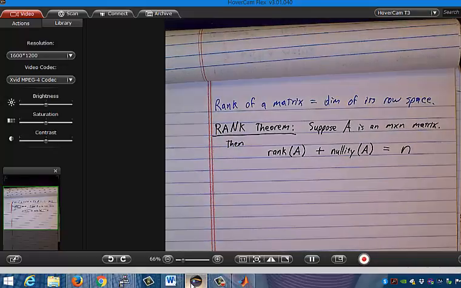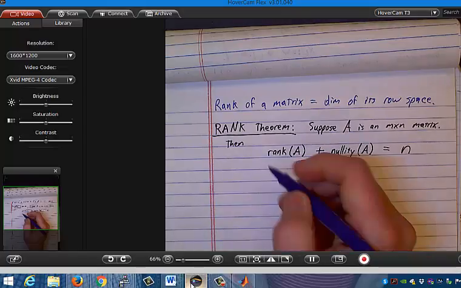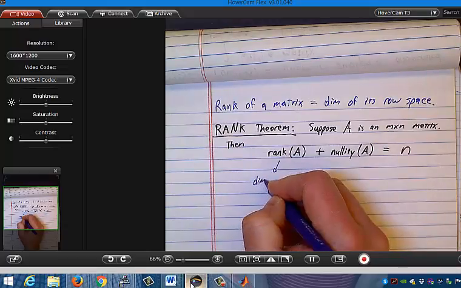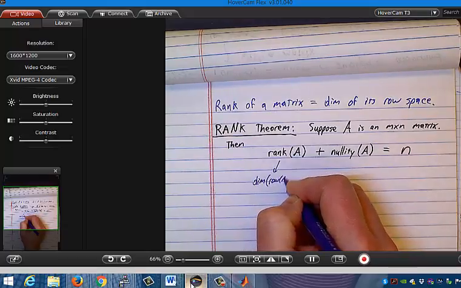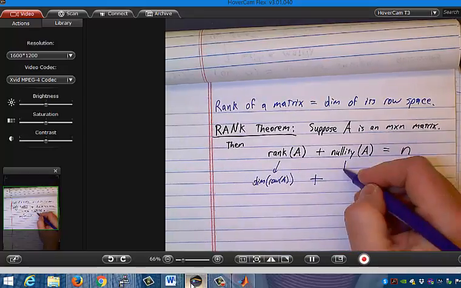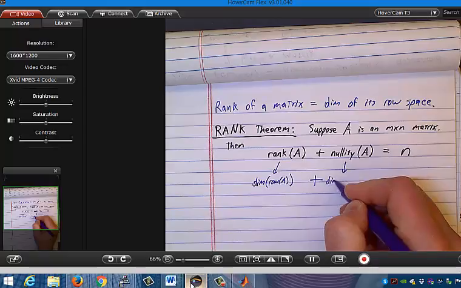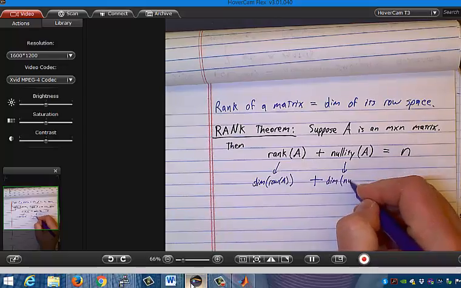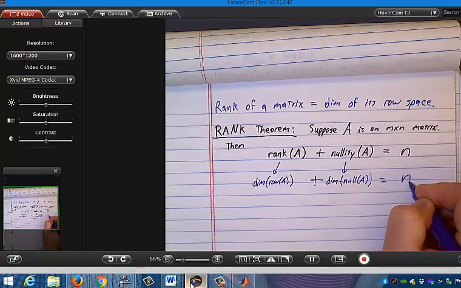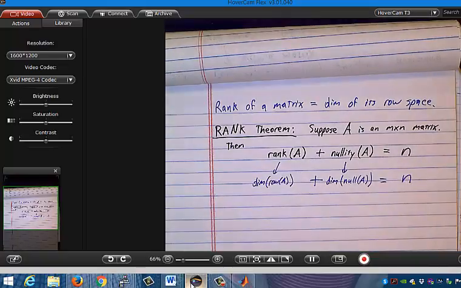Now again, just to rephrase this, the rank of A, remember, is the dimension of the row space of A. The nullity is also a dimension. It's the dimension of the null space of A. And it turns out that has to equal n. Always. This is called the rank theorem.